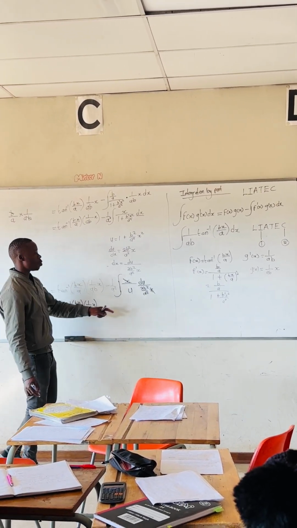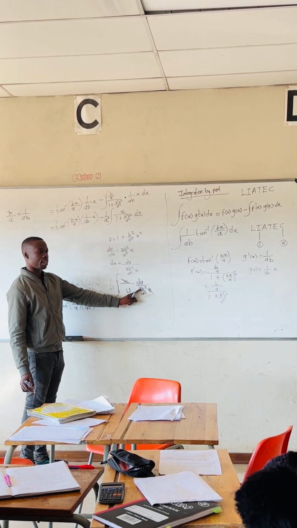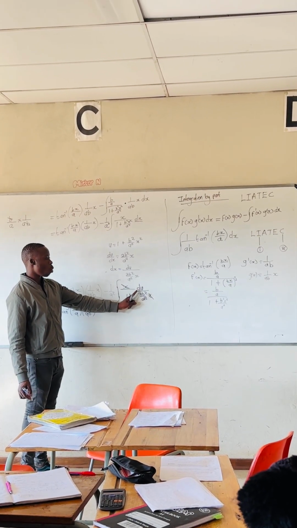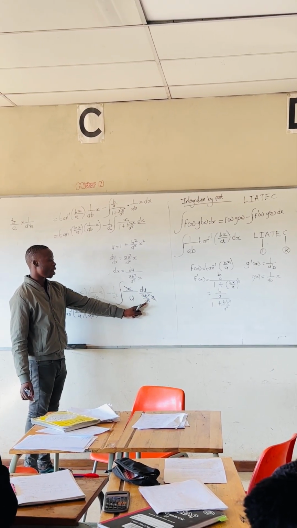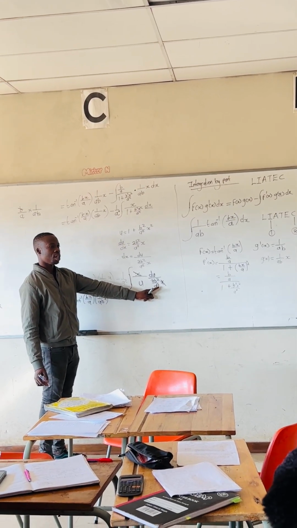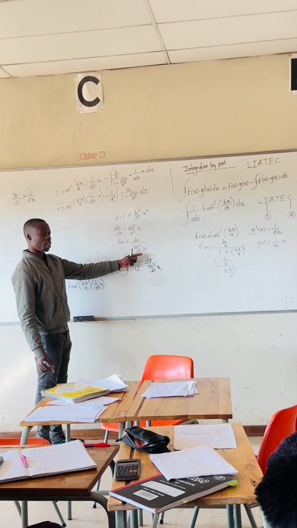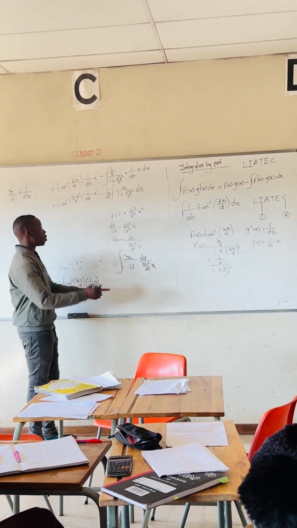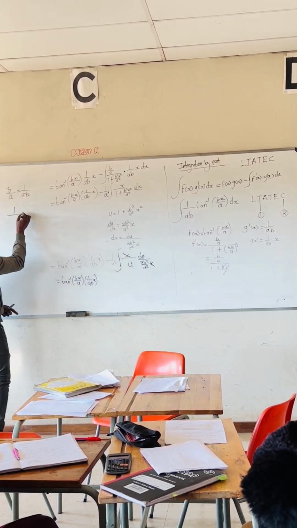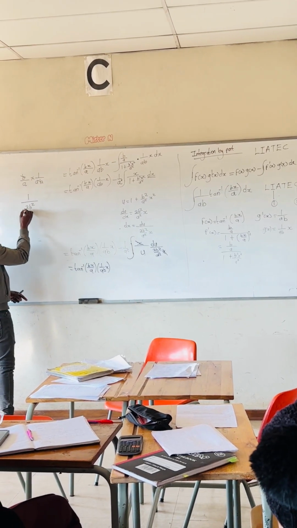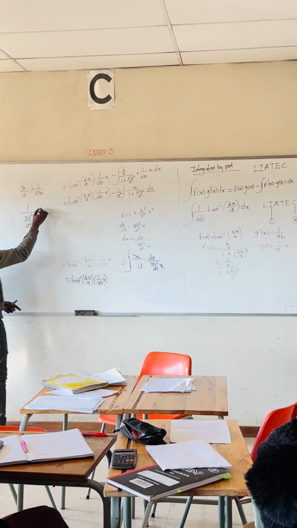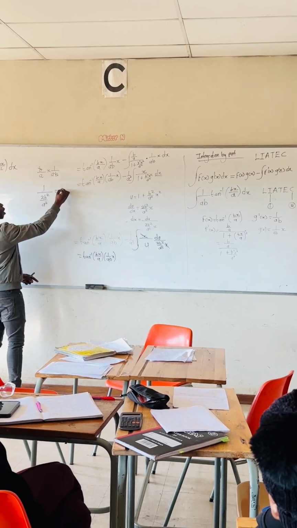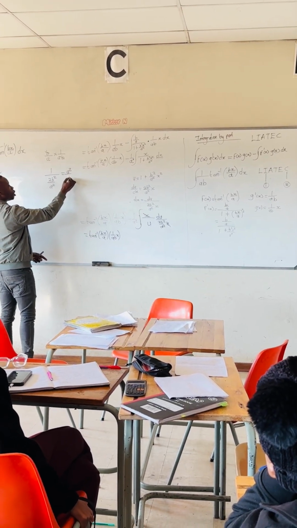So what we must do is identify the constant outside. So this is 1 over 2b squared over a squared, which simply means a squared over 2b squared. We agree, because you have 1 over 2b squared over a squared. So mathematically, this will be a squared over 2b squared.